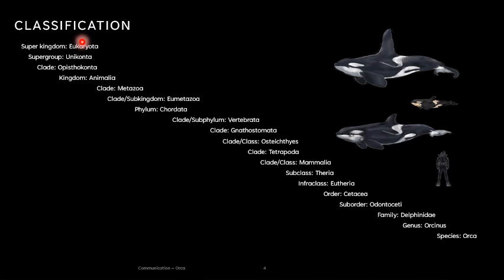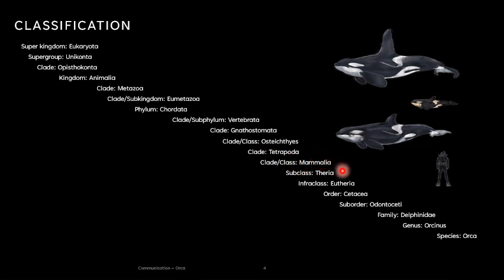As to the classification, we all know the main grouping of the classification up to Animalia. It's eukaryotes, Uniconta, Opisthoconta, and Animalia. Then obviously Metazoa and Eumetazoa, where the true animals belong. The phylum is Chordata, and they are vertebrates, and they belong to the clade tetrapods, which all the mammals belong to.